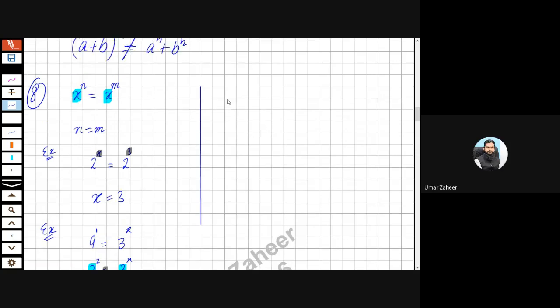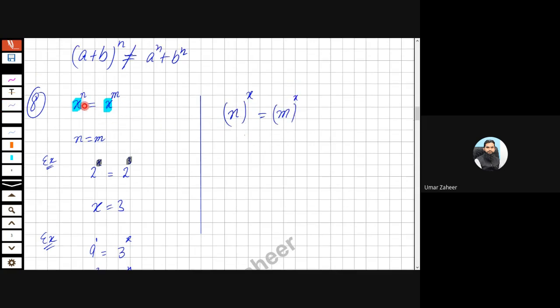The next one is basically the same thing. You have a number having some power, and another number having the same power. Here you have the same power, and they are equal.